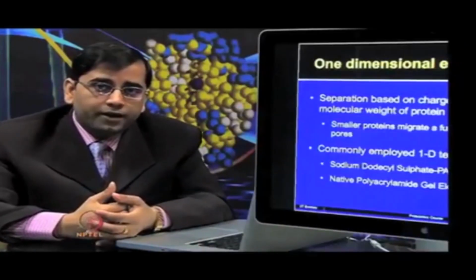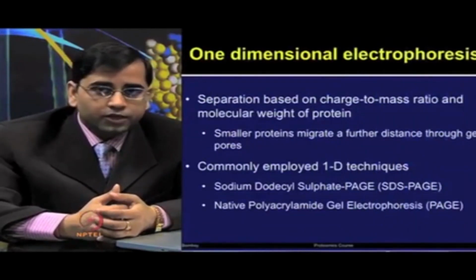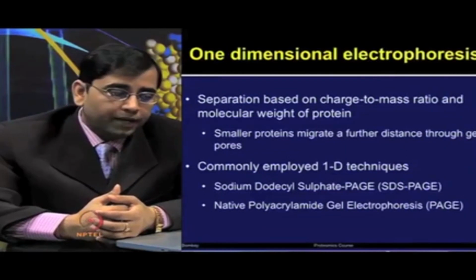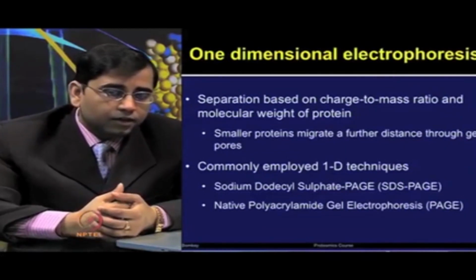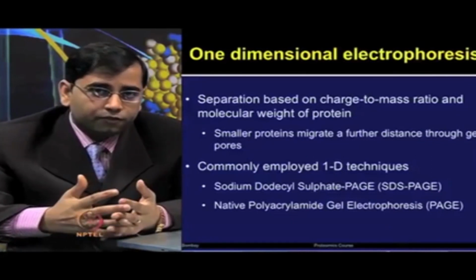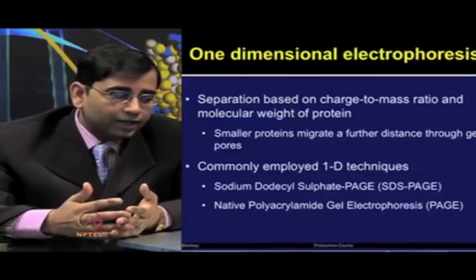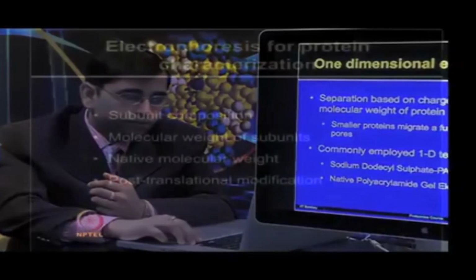Commonly employed one-dimensional techniques include sodium dodecyl sulfate PAGE, SDS-PAGE, or another technique which is used for studying the protein in the native form, which is known as native polyacrylamide gel electrophoresis, or PAGE.